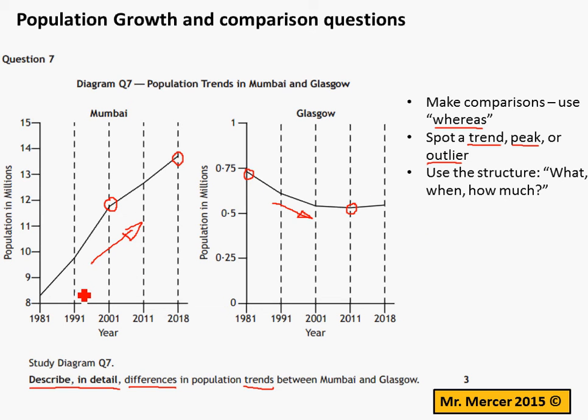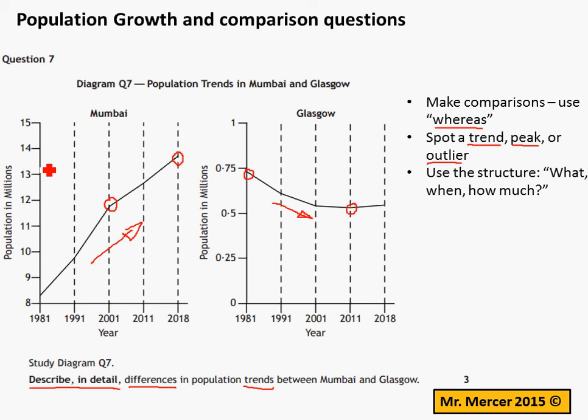I would say Mumbai's population is rising from 1981 to 2018. And by how much is it rising? Mumbai's population is rising from 1981 to 2018 from 8.4 million to 13.5 million people. Now that is how to do a proper, detailed, accurate description.